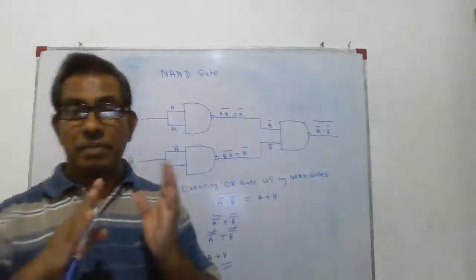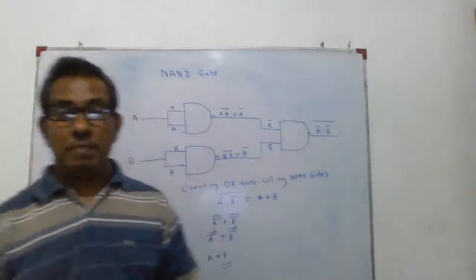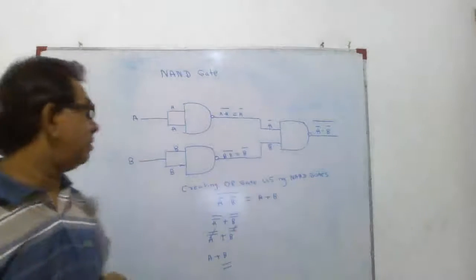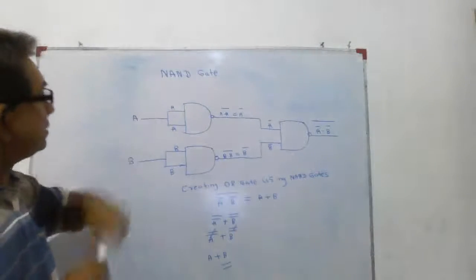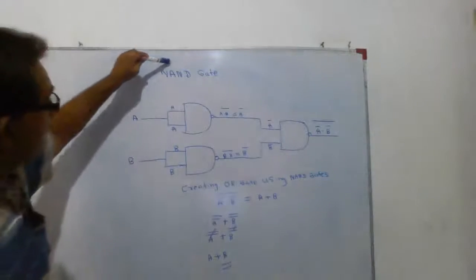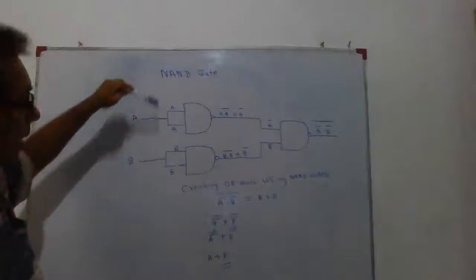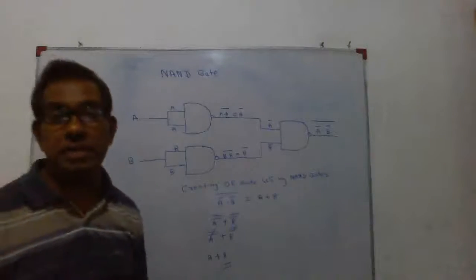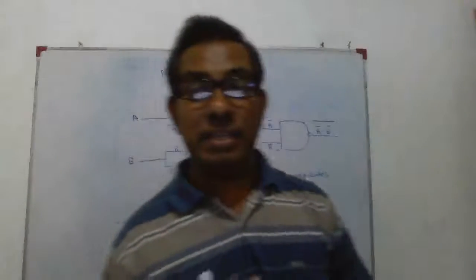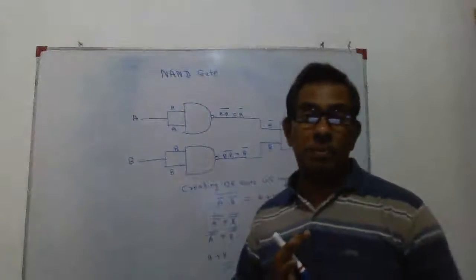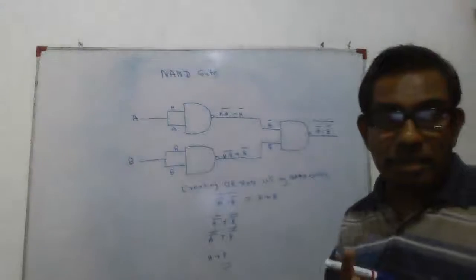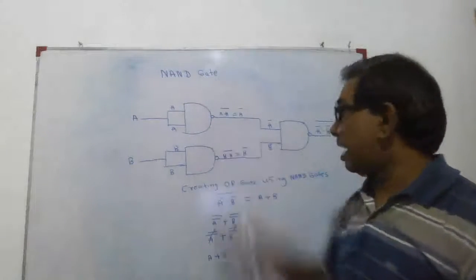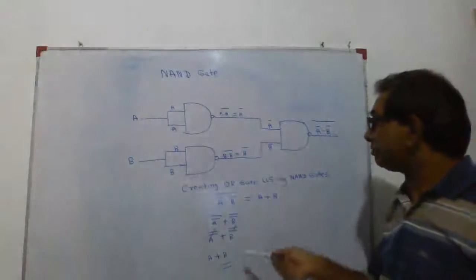So what we have discussed so far, we have taken time to discuss how the NAND gate is used for creating basic logic gates: NOT gate, AND gate, and the last one, the OR gate.